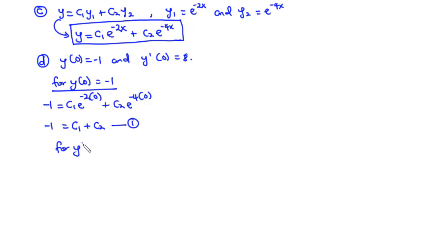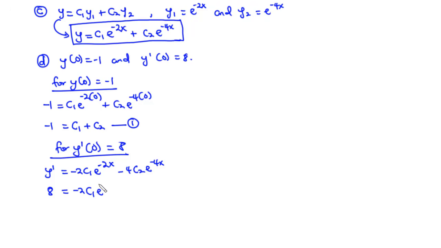Now for y prime of 0 equals 8, we are going to find the first derivative of the general solution. So y prime is equal to negative 2 C1 e to the power negative 2x, and then minus 4 C2 e to the power negative 4x. Now we know that y prime is equal to 8, so then we have 8 equals negative 2 C1 e to the power negative 2 of 0, that is x equals 0, minus 4 C2 e to the power negative 4 times 0.